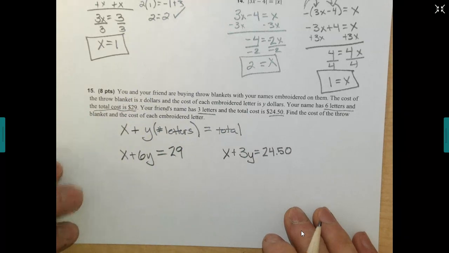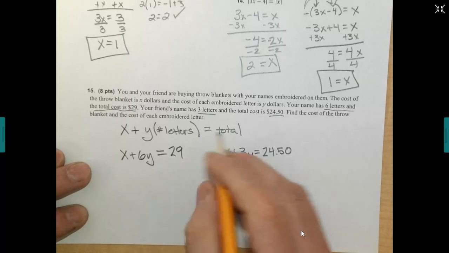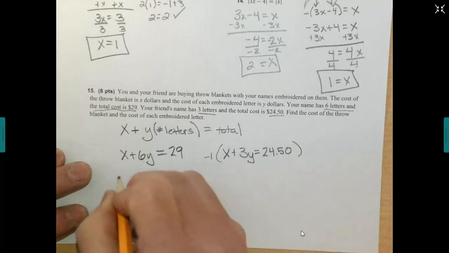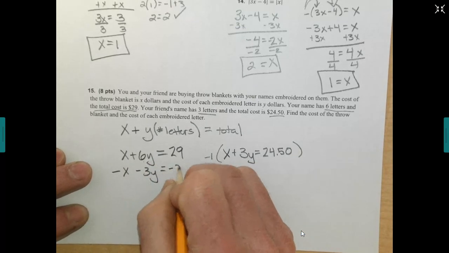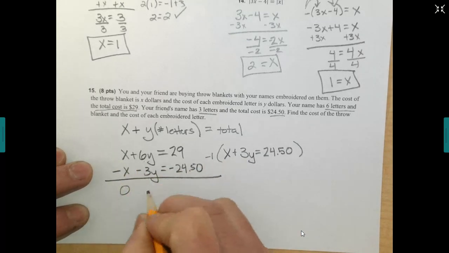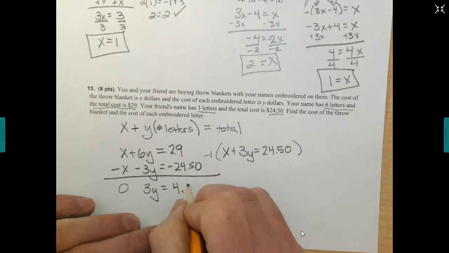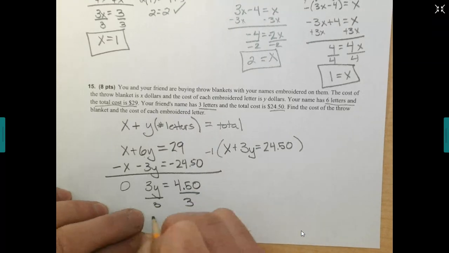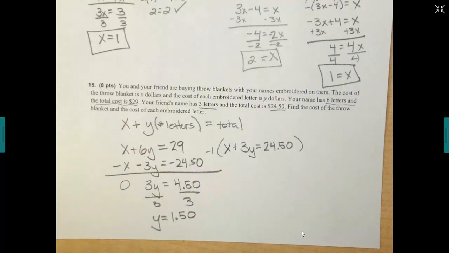How about we subtract? Let's subtract this from this. So, if I times this by negative 1, I get negative x minus 3y equals negative 24.50. So that's 0. 3y equals $4.50. Divide by 3, and I get y equals $1.50.